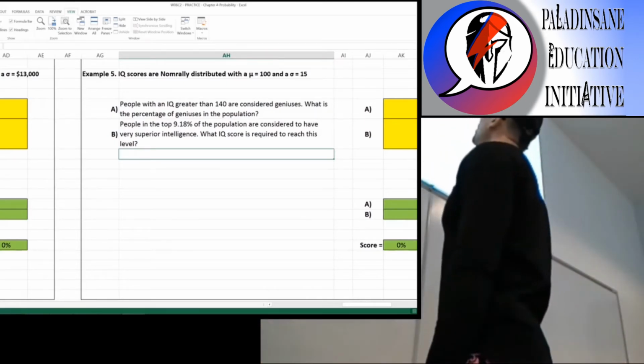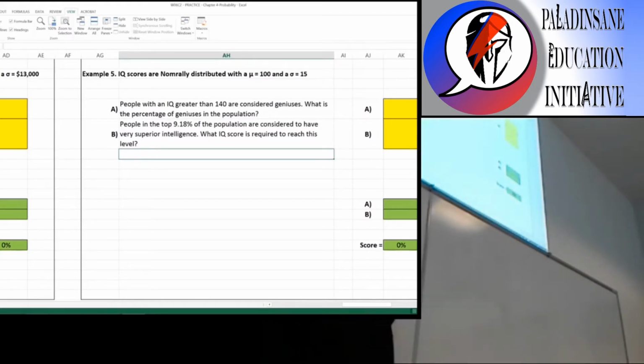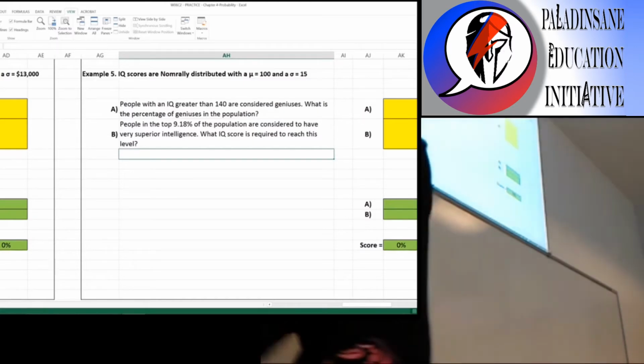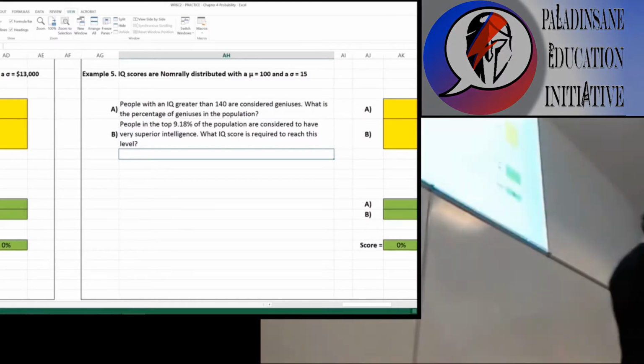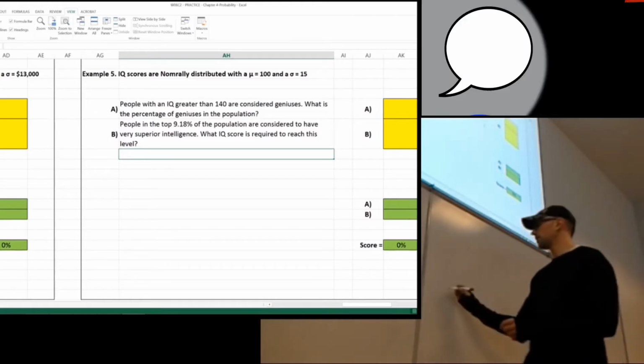People with an IQ greater than 140 are considered to be geniuses. What is the percentage of geniuses in the population? So if people with an IQ of 140 or greater are what we call geniuses, what percentage of our population is walking around with that genius level IQ?